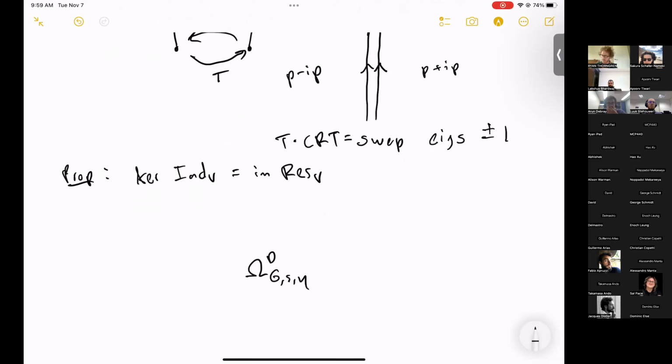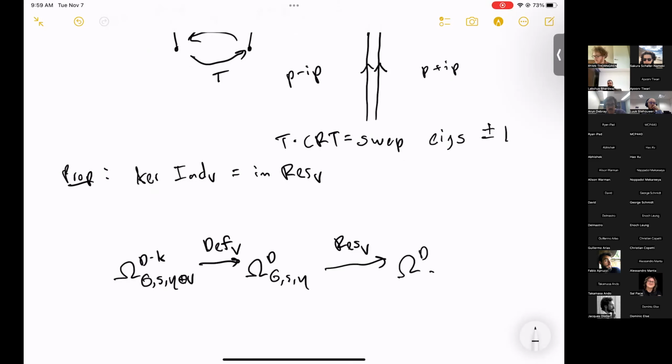The defect anomaly map, just to recap, allows you to reconstruct the bulk anomaly from the defect anomaly. So you have the bulk anomaly here in the middle and the defect anomaly on the left. The residual family anomaly gives the obstruction to being able to do this, which is valued in a kind of family anomaly world.